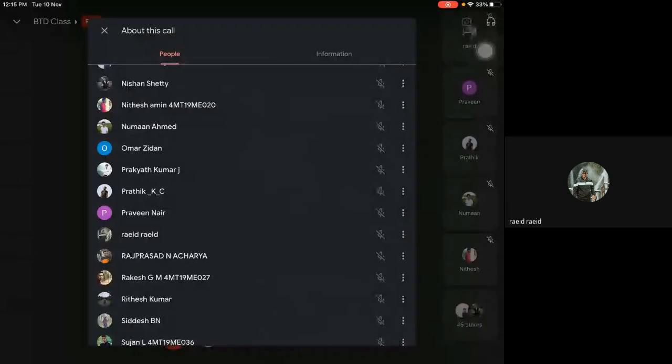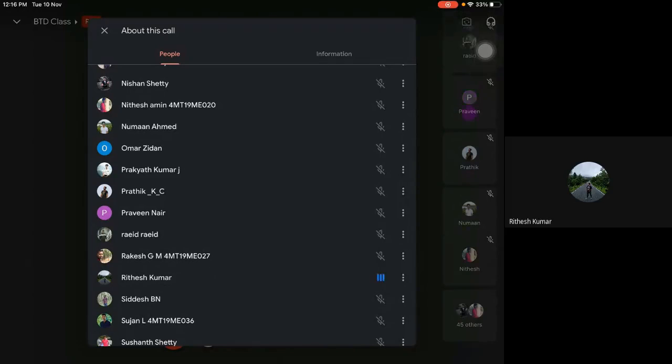Rakesh GM. 4 people. Ritesh Kumar. Sir. Give me the work done expression from 1 to 2, which is polytropic. How do you calculate a polytropic work done?